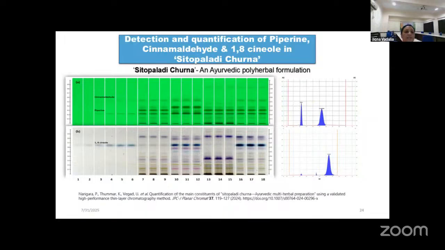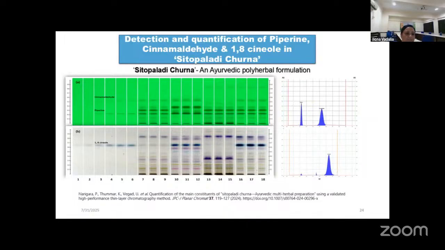So we have to derivatize it. So first we scanned this plate and then derivatized the same plate with vanillin sulfuric acid, or you can also derivatize with anisaldehyde sulfuric acid. Here we have used vanillin sulfuric acid as a derivatizing reagent.